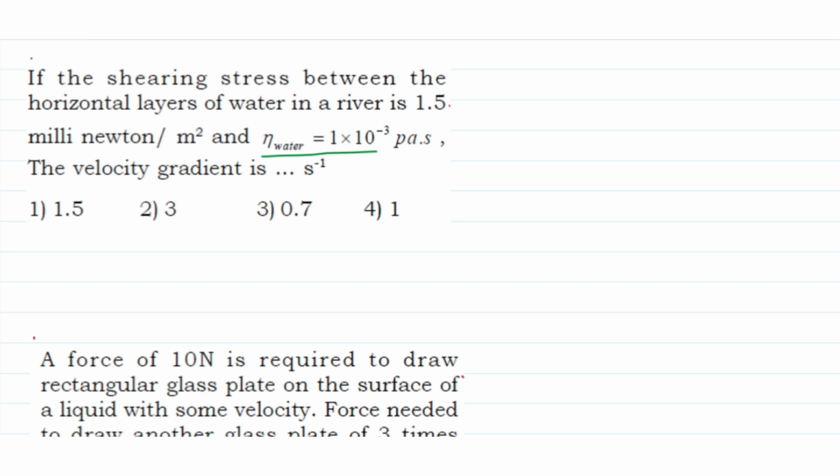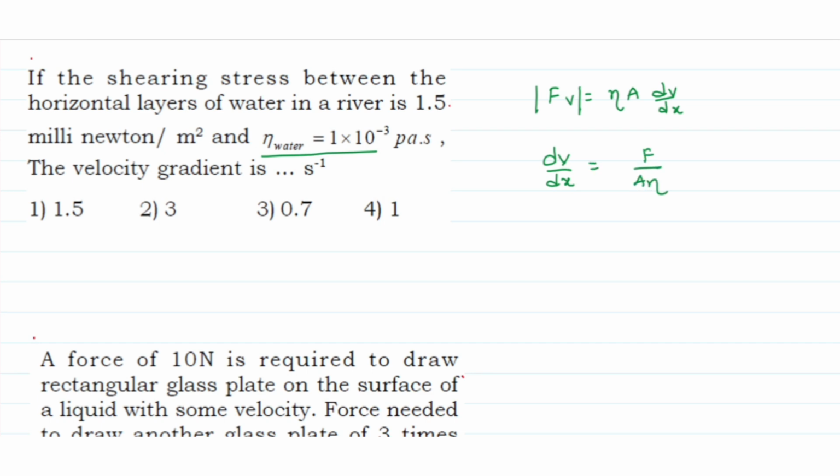Velocity gradient is nothing but, according to the viscous force formula, the magnitude of the viscous force F equals eta into A into dV by dx. The required velocity gradient means change in velocity per unit distance, which is F by A into eta.